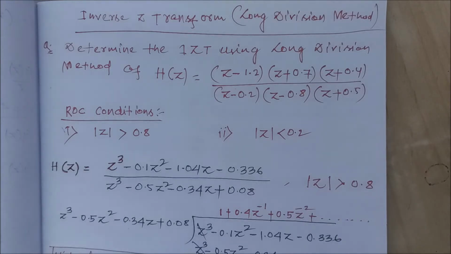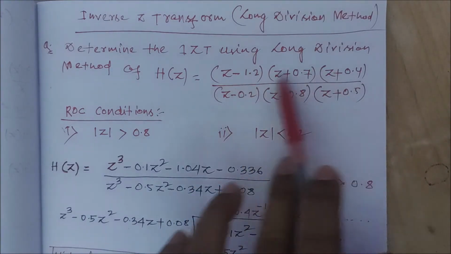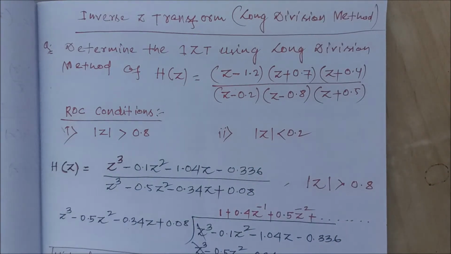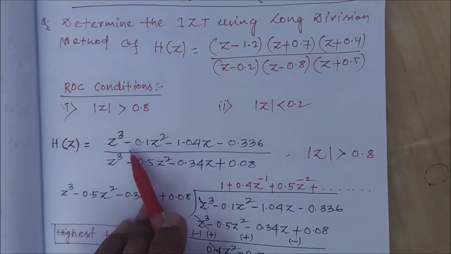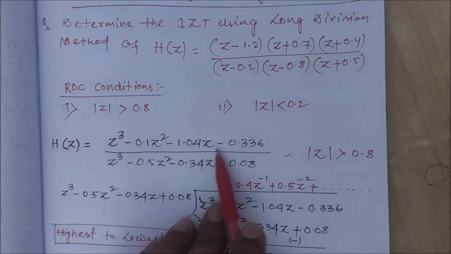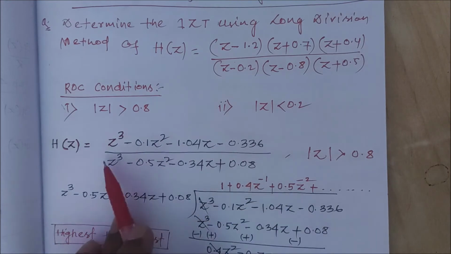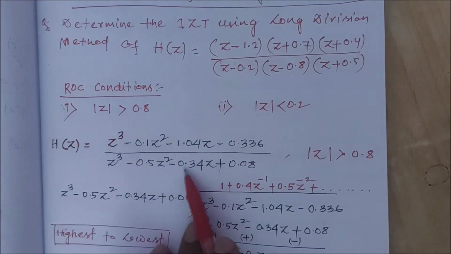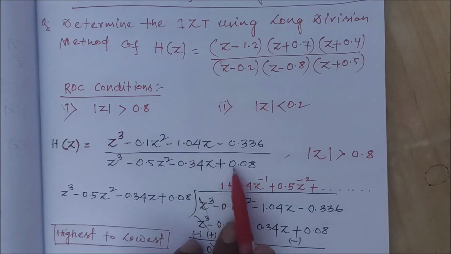So what we will do is multiply the numerator altogether and the denominator also. So finally we got H(z) is equal to (z cube minus 0.1 z square minus 1.04 z minus 0.336) divided by (z cube minus 0.5 z square minus 0.34 z plus 0.08).